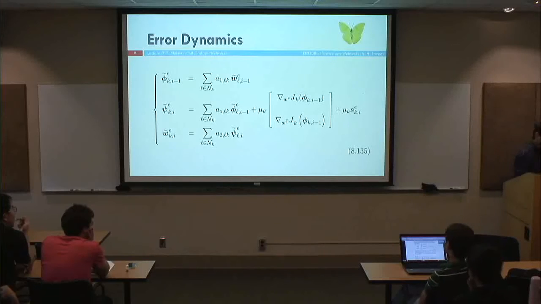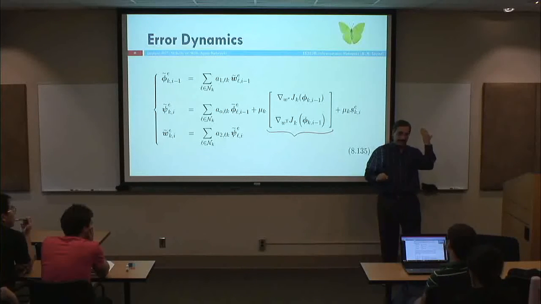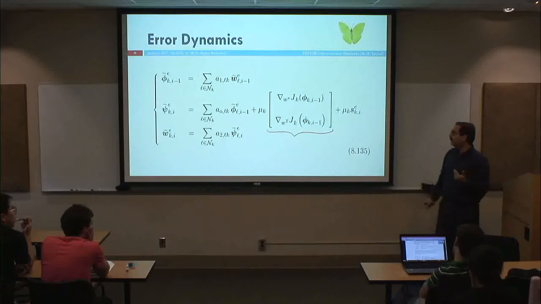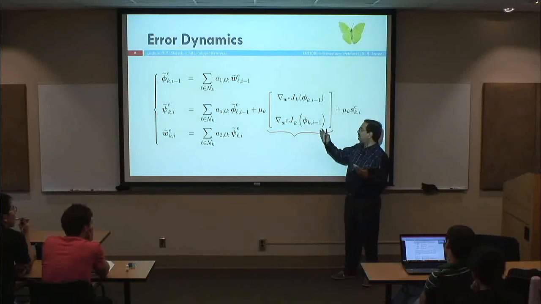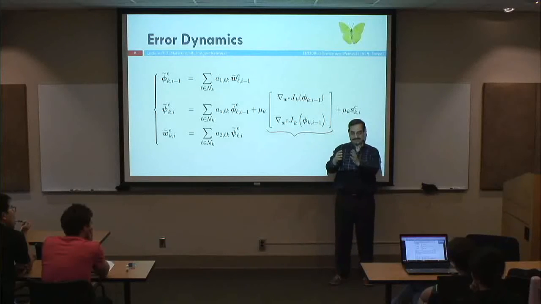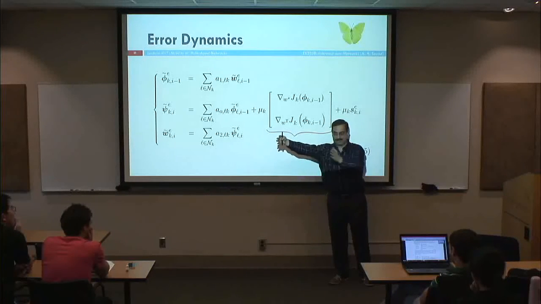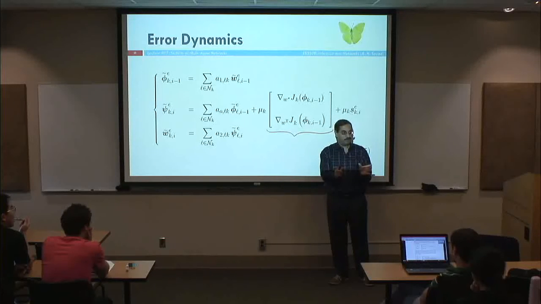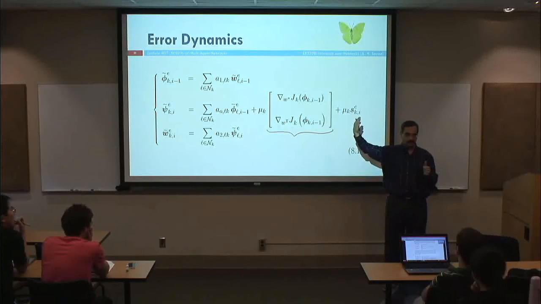So now, if you remember, I'm going to apply the mean value theorem to this term. This is in one of the earlier lectures I showed you. I showed a form of the mean value theorem that will tell you, for example, that a function like this or a gradient vector like this, you can express it as the gradient vector at some other location plus a correction term. And that's a closed form expression for the difference between them. It's not your usual Taylor series where you have many terms and you have to cut some of them and approximate the expression.